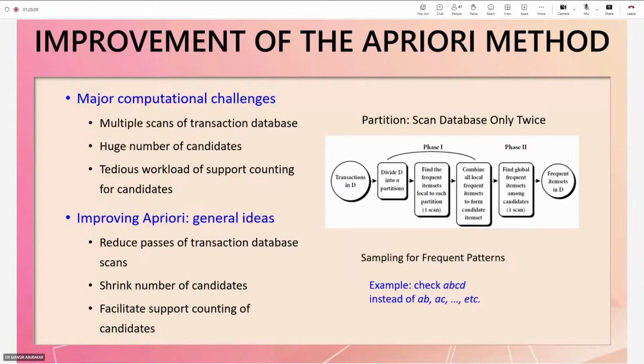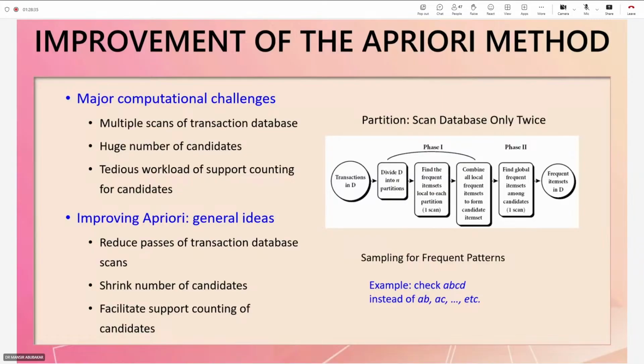So how do we shrink that number? That is another possibility of improving the performance of this algorithm. And then facilitate support count of candidates. How do you think the support count can be improved so that the tedious workload of counting for candidates can be minimized?